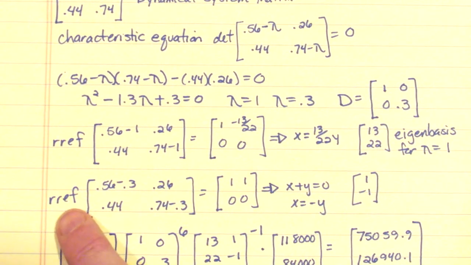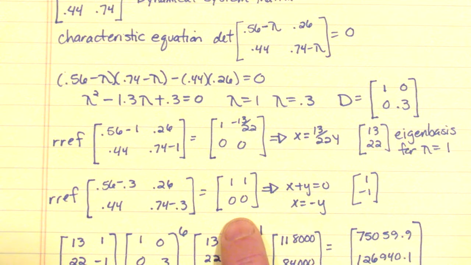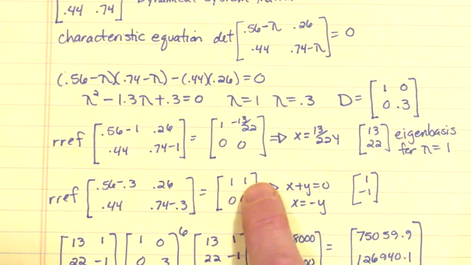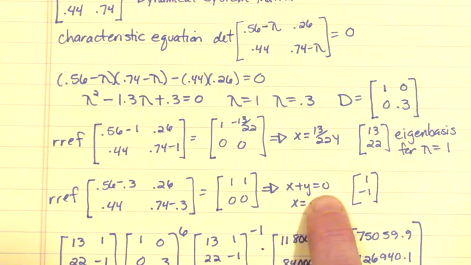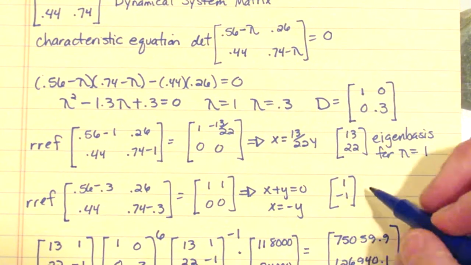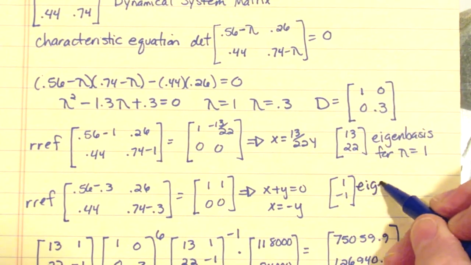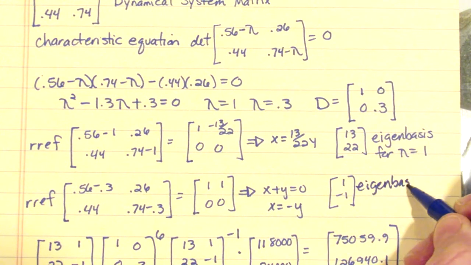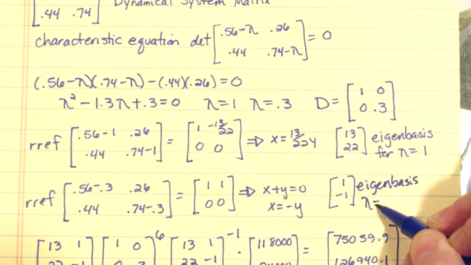If I take the row reduced form of this, I get this simple matrix 1, 1, 0, 0. Reading that first line, x plus y would have to be 0, meaning x would have to be the opposite of y. That gives this as an eigenbasis vector for lambda equals 0.3.